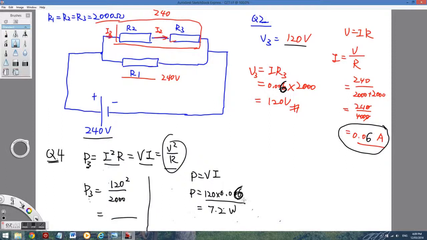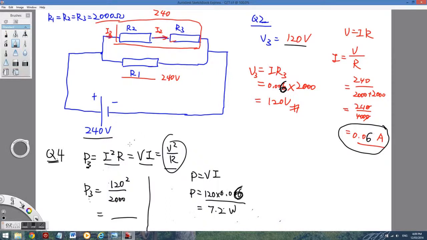The important thing when you're doing this kind of question is to read what the question is looking for, whether they ask you the power of the whole power supply, or the power of resistor 3, resistor 1 or resistor 2.